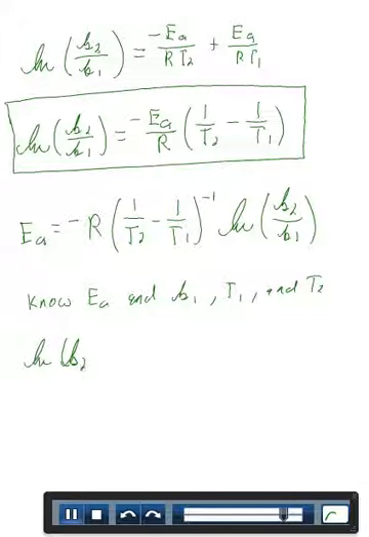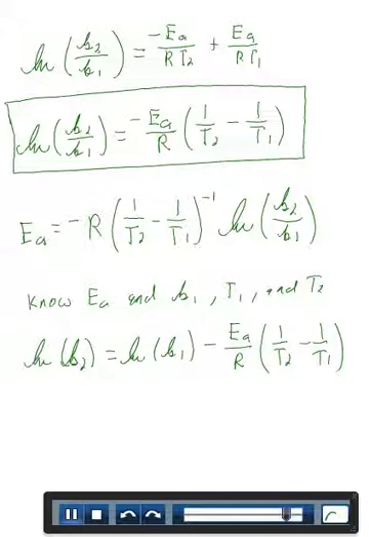So the natural log of k2 is equal to the natural log of k1 minus E sub A over R times this temperature factor. Just algebraically solving for the natural log of k2. So now I can take the antilog of both sides of the equation and get a value for k2. So it'll be k1 times e to the power.